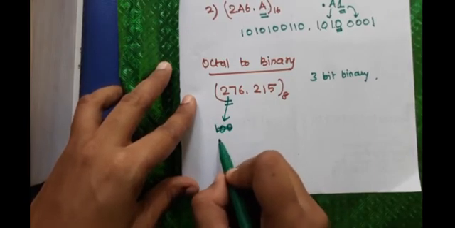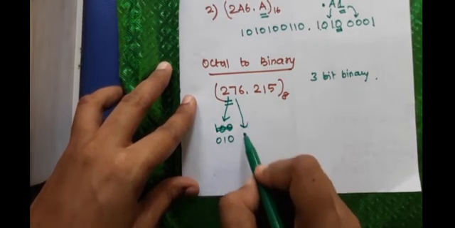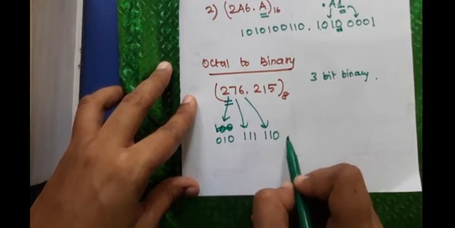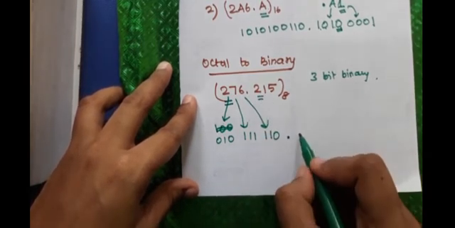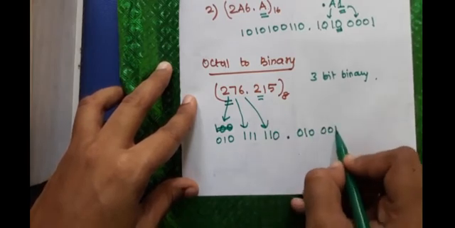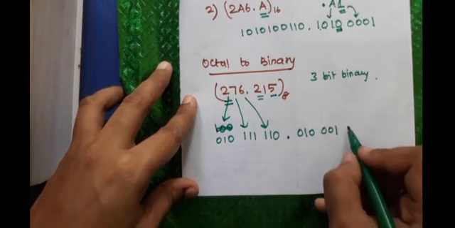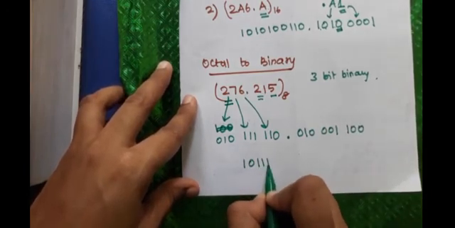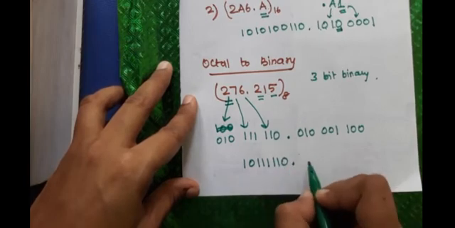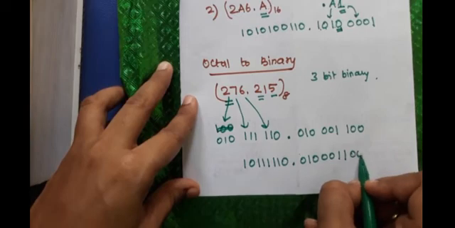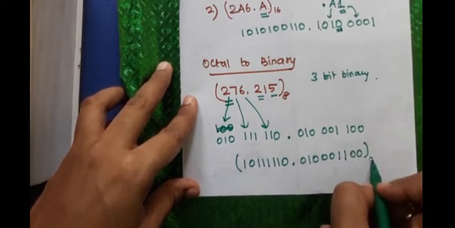Sorry, it is 010, 7 is 111, 6 is 110. Dot 2 can be written as 010, 1 is written as 001, 5 is written as 101. So I can write this as dot 010001101 to the base 2.